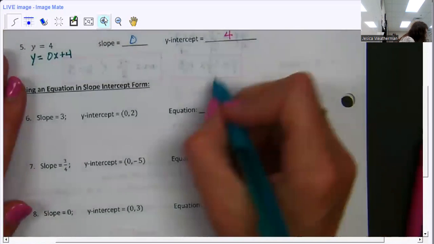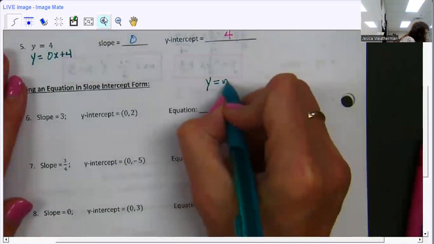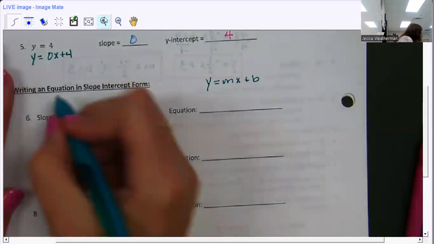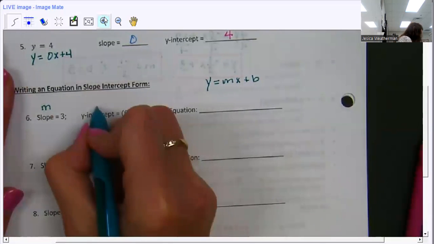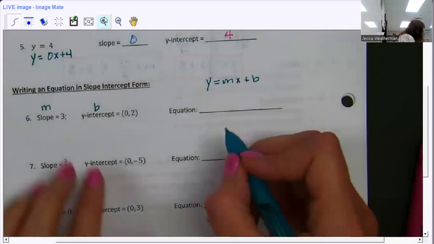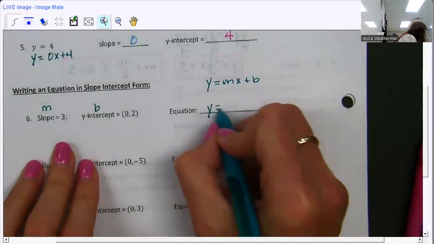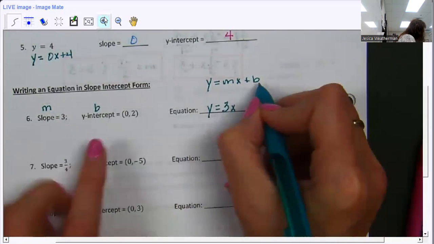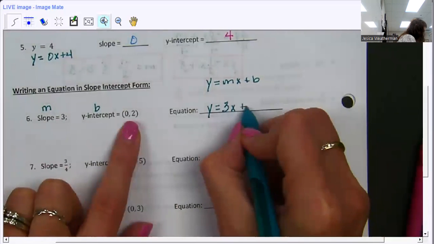Okay, again, we have y equals mx plus b. If you need that reference, you can write it. Our slope is m. Our y-intercept is b. Basically, all you're doing is just plugging those numbers into the equation. So we have y equals m, which is our slope, 3, and our b, which is our y-intercept, 2.